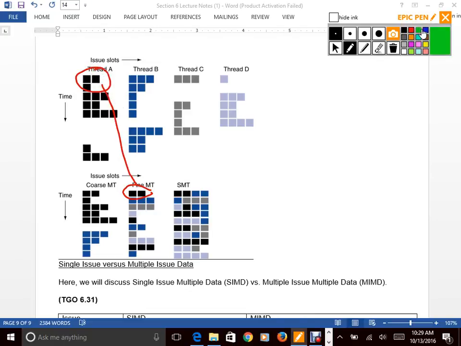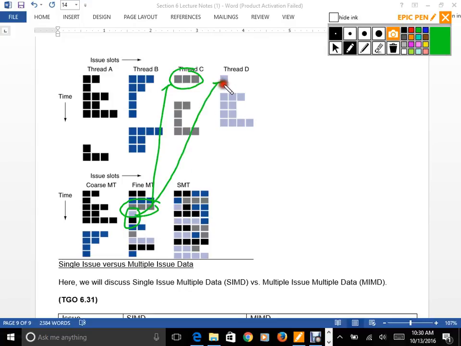And then this 3 bit here is the first clock cycle of thread B. And then this gray is thread C, and so on. See how this little light gray one is there. You see how it works every cycle? So now it's doing more calculations, but it can be done even faster.